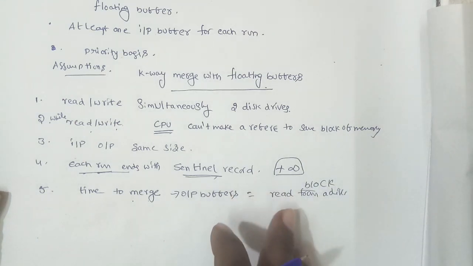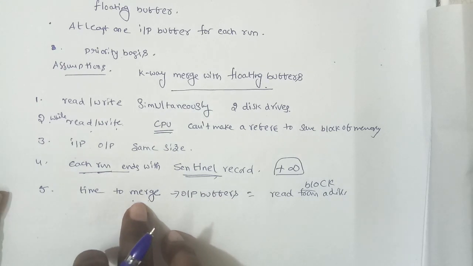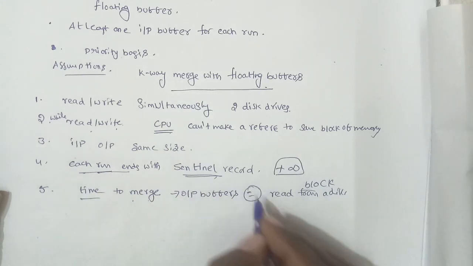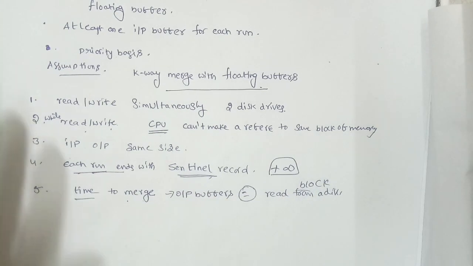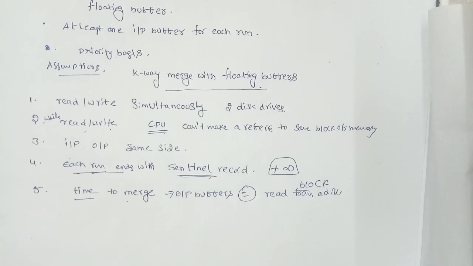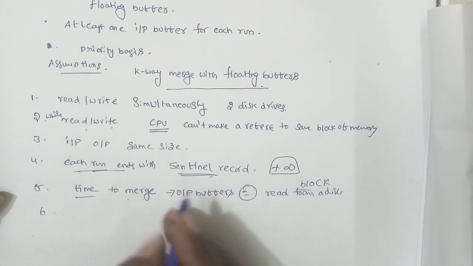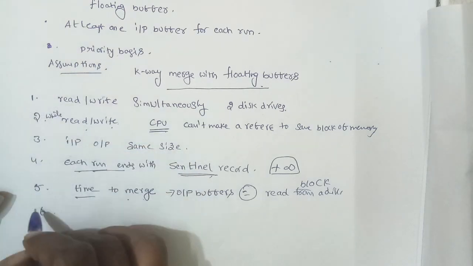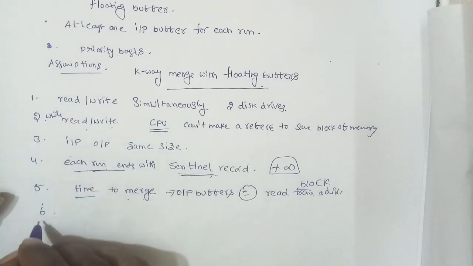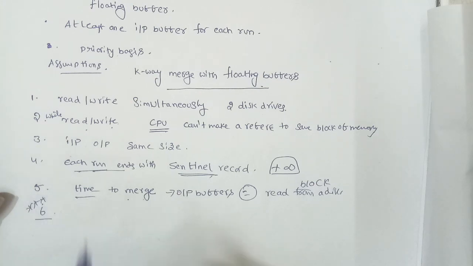In simple terms, the read operation and merge operation take the same time. We assume this to perform the operations in parallel. These are the general scenarios we use regularly.